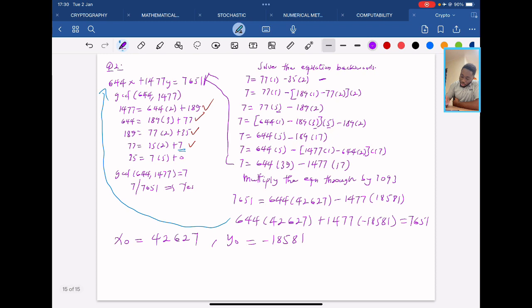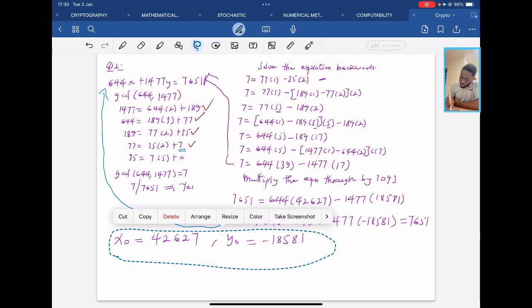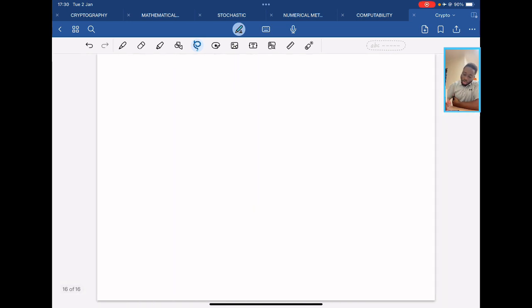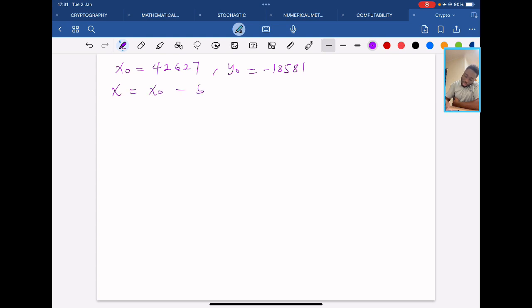Let me copy this. If you remember from the last class, if we want to find x, we can use x naught minus b over the GCD of a and b times t.